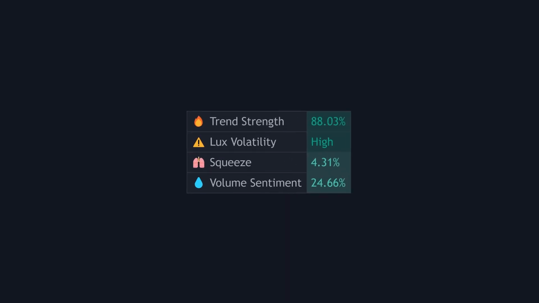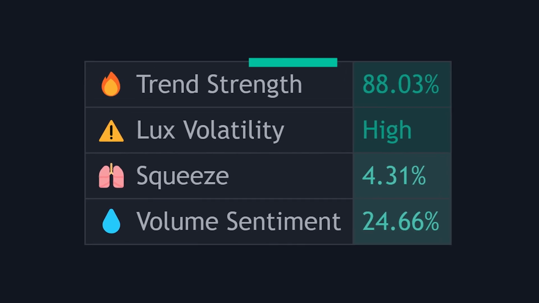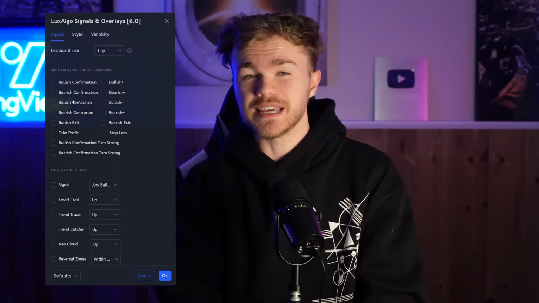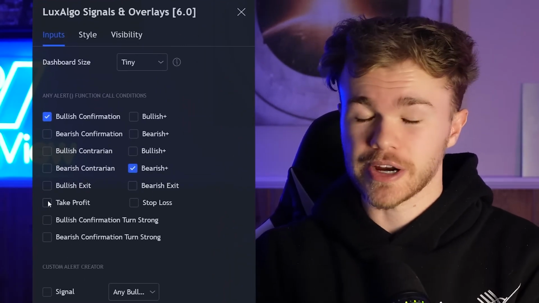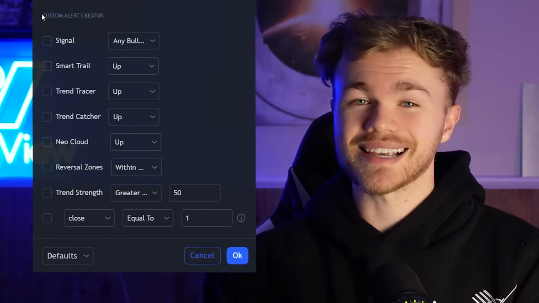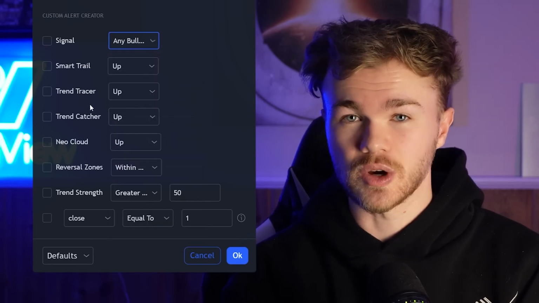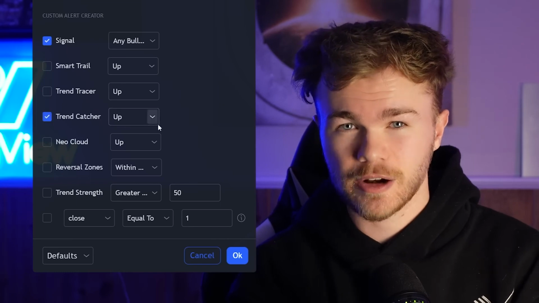A complete dashboard has very useful metrics such as trend strength, volatility, volume analysis, and more. Then there are also fully functional alerts with deeply customizable features, like getting multiple conditions to trigger within one alert, as well as the highly useful custom alert creator to generate signal alerts that are filtered by other aspects of the indicator. And all of this we managed to fit into one single indicator.